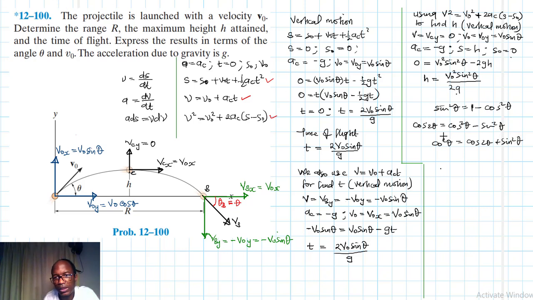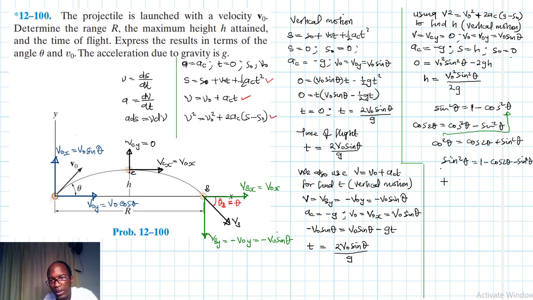And then plugging it here, we have sine squared theta is equal to 1 minus cos squared theta, it becomes like so, and then minus sine squared theta.